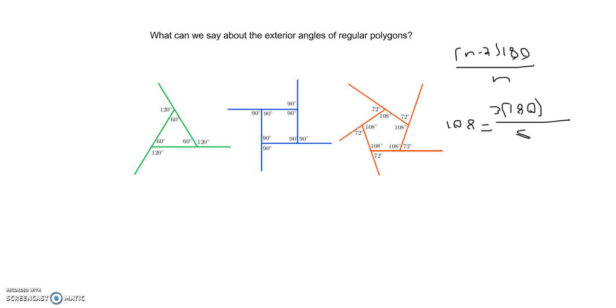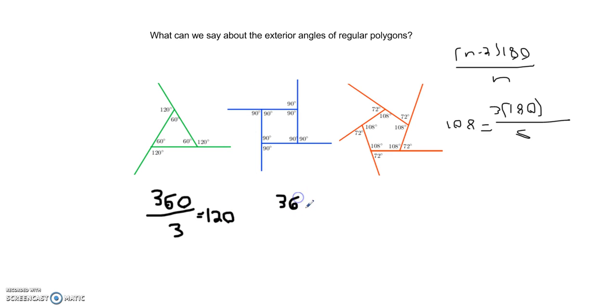So there seems to be a trend that the measurement of each exterior angle is going to be the total amount of angle sum, if you will, divided by how many exterior angles there are, right? So for the triangle here, there's only 3 exterior angles, and since they're all equal, they must equal 120 degrees. Here we have a square, right?